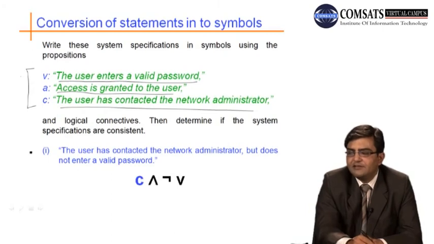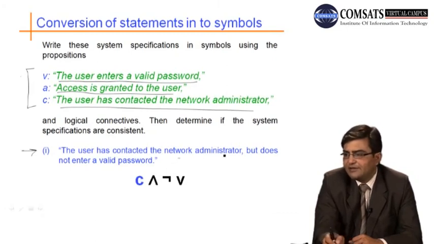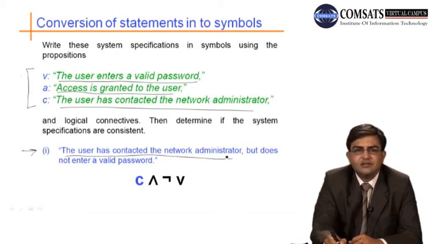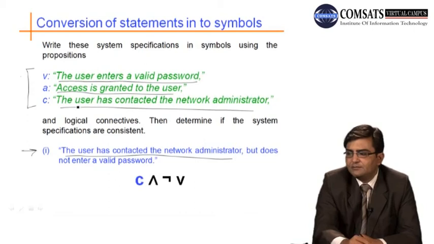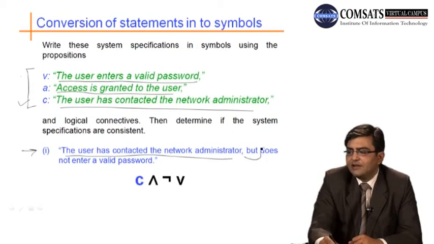For example, if we have this statement, the user has contacted the network administrator but does not enter a valid password. So the user has contacted the network administrator. So what is this? This is the proposition C. Here we have but, which is basically a connective.